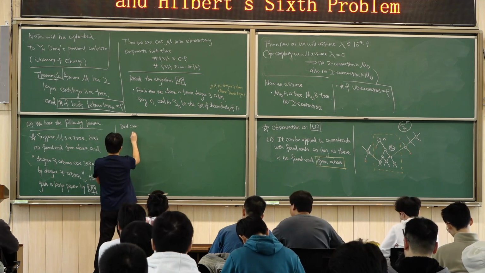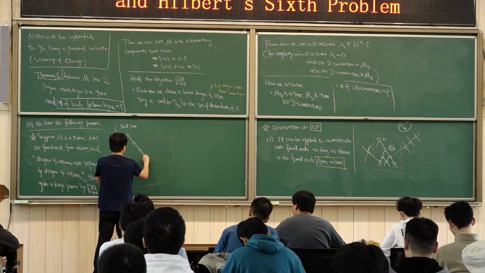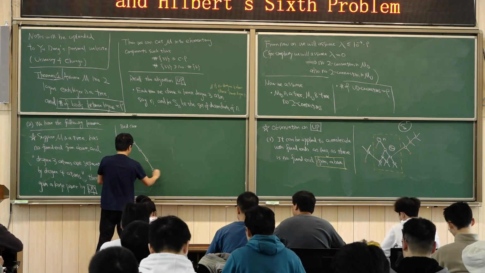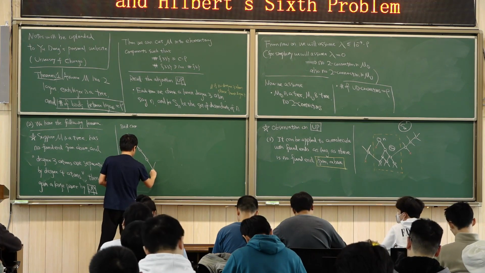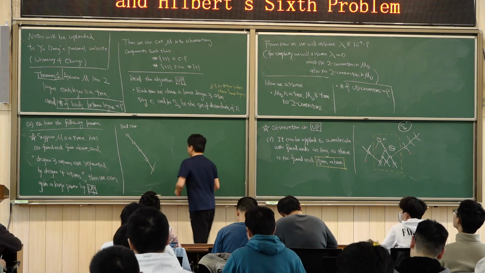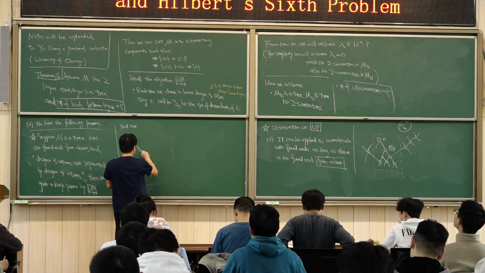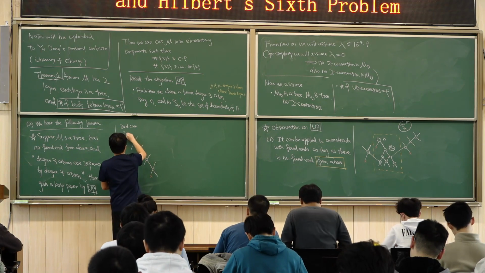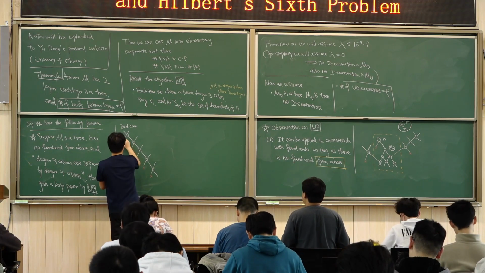Let's say you have a chain. Just for simplicity, let's say M is a chain. Okay, so let's say we have this, and this is a fixed end here, fixed end here, fixed end here, fixed end here.